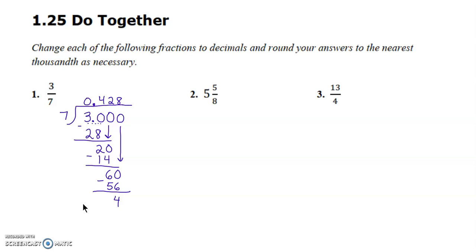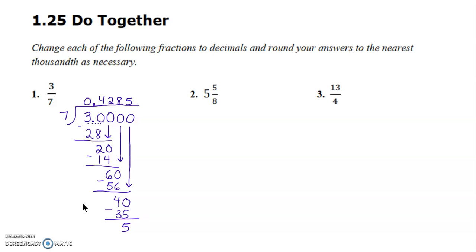So we're going to have to do one more 0, and then we can stop if this decimal doesn't terminate. So we're going to take this last 0 down. 7 goes into 40 5 times. 5 times 7 is 35, so we will have a remainder, but we can stop now because this decimal could go on and on and on.